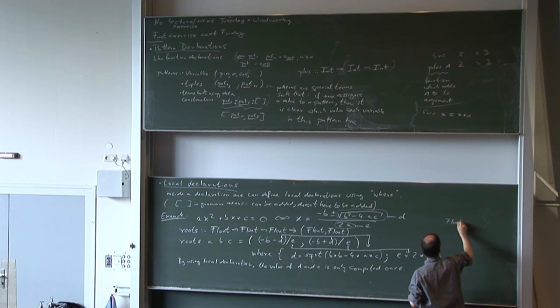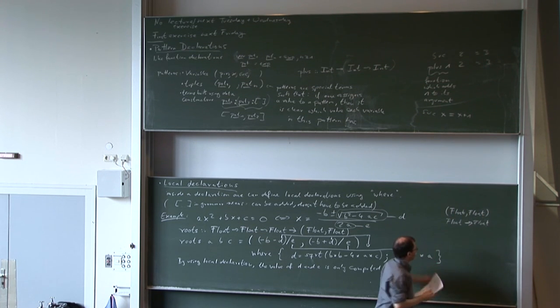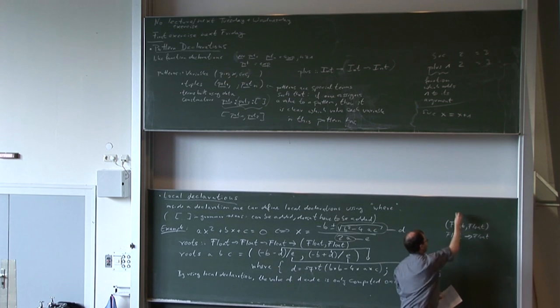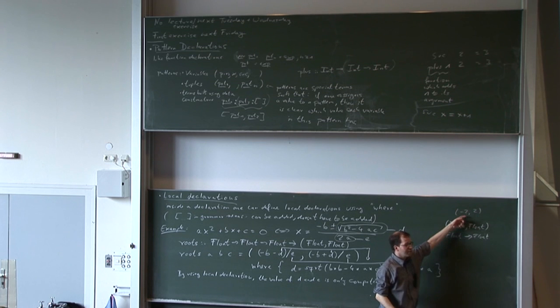Yeah. Well, there's a difference between these two types. This here is a tuple of values. So here you might have something like, I don't know, -2 and 2. You could imagine that this is the solution for some of these equations. This is a function from floats to floats. Now, how do you want to encode an object like this as a function?